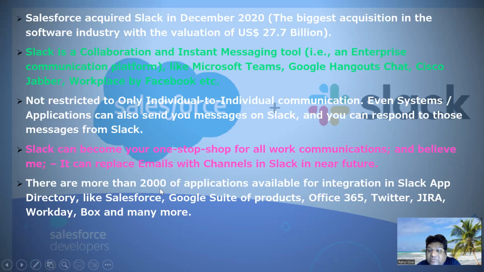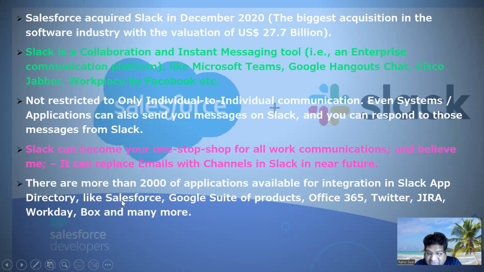As you know, friends, in Salesforce we have an AppExchange directory from where we can install apps and use them in our Salesforce. Similarly, in Slack, there are more than 2,000 applications available right now. I think 2,200 is the figure. From that Slack app directory, you can install those applications and use them.